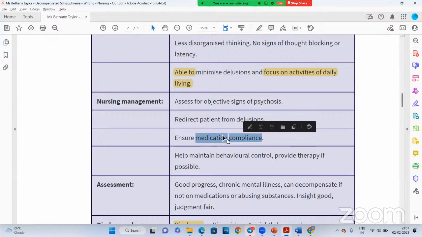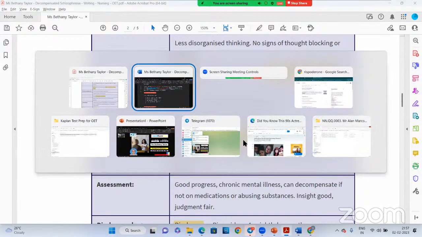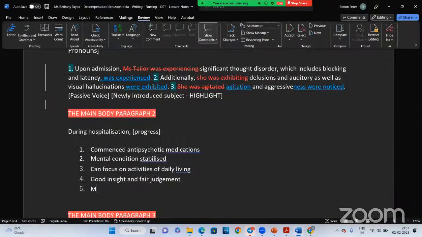So this was ensured in the nursing management. You also do the same thing. Ensure medication compliance. Medication compliance with what? Antipsychotic medication. This one only. So that is what was done. Either here you write or here you write, medication compliance. It's okay.